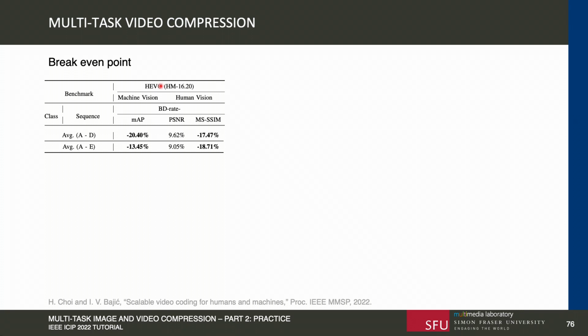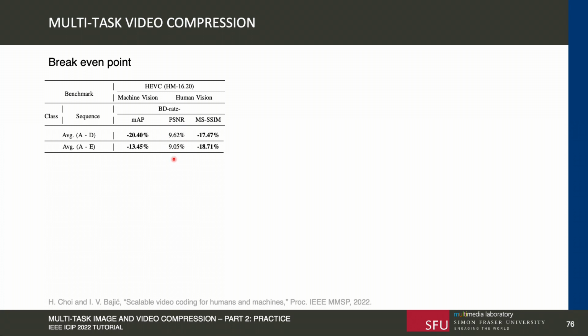We saw that in terms of machine vision bit efficiency, the two-task system achieves gains in this case, whereas in terms of human viewing bit efficiency, there are losses, at least when viewing quality is measured in terms of PSNR, not in terms of SSIM, but in terms of PSNR.